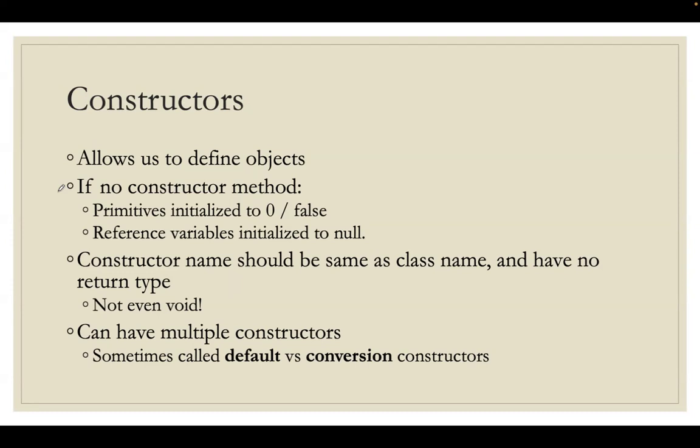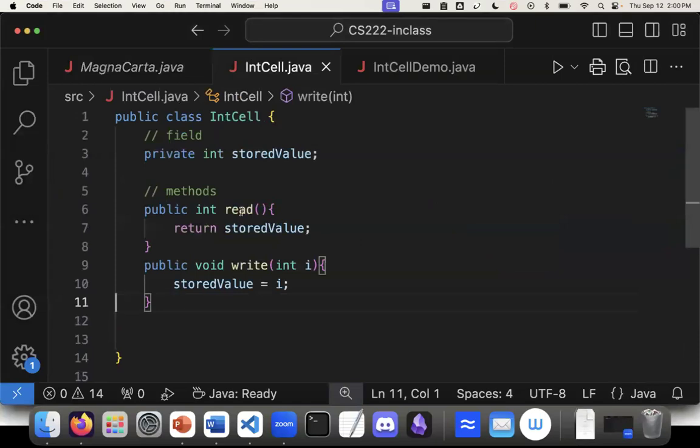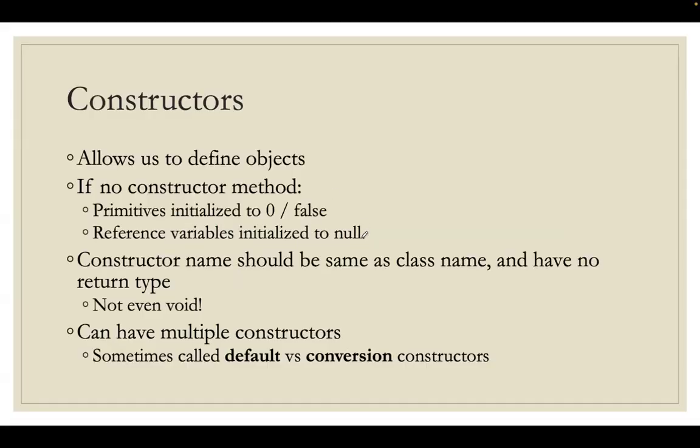If we don't have a constructor, like int cell, when we say new int cell, it initializes it for us. It'll initialize it to 0 if it's a primitive, or null if it's a reference variable. So it'll do that automatically.